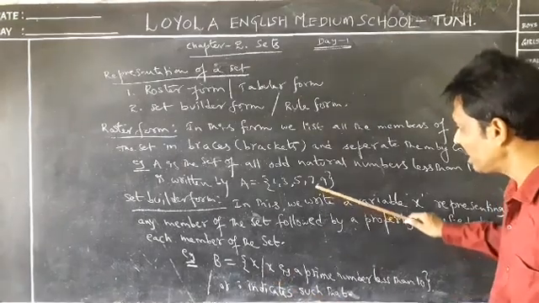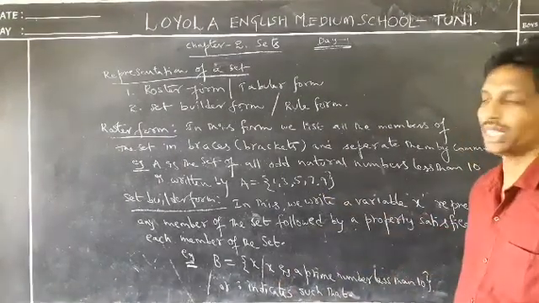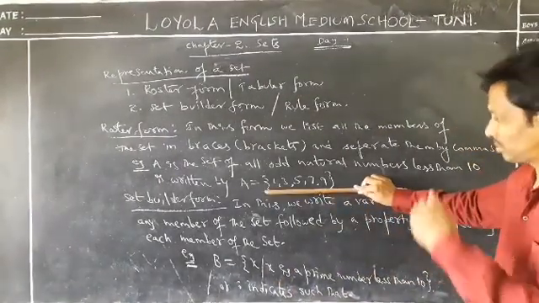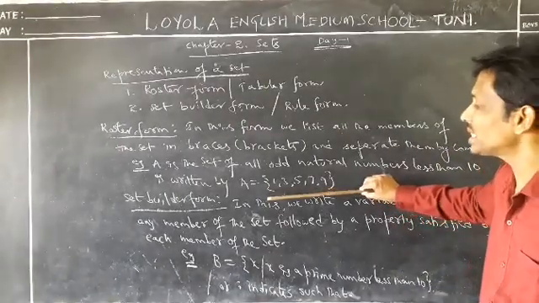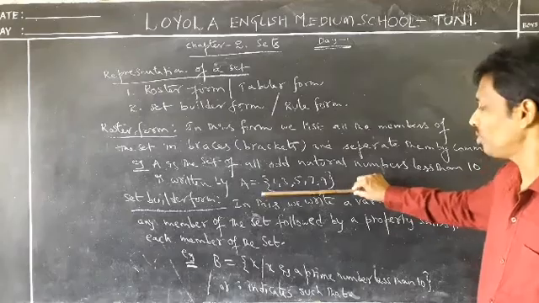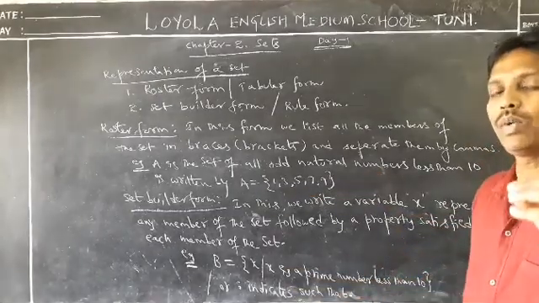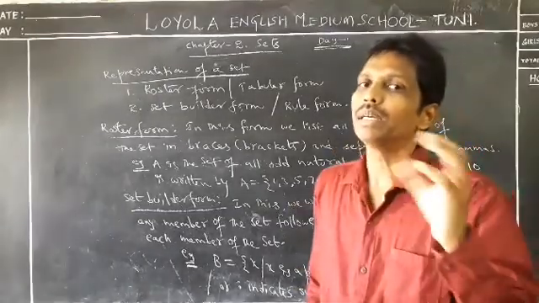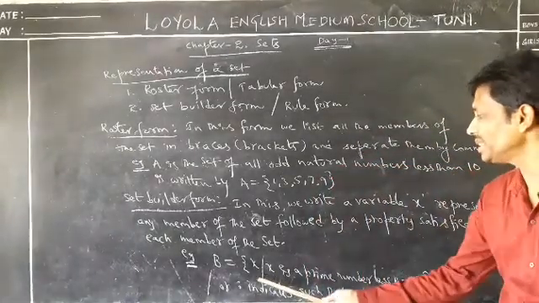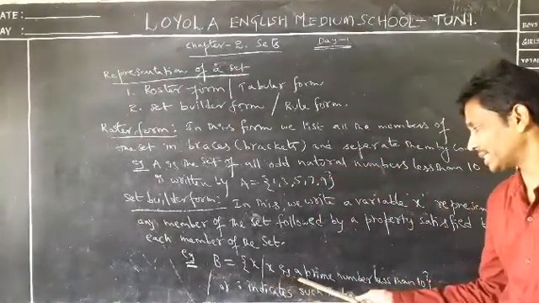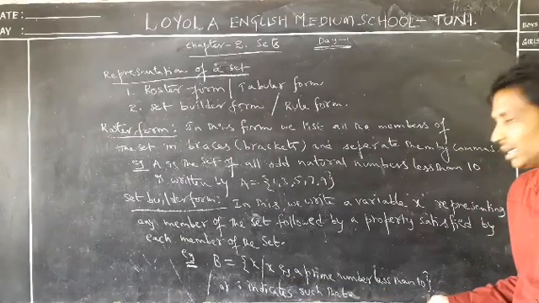So what is the variation between these two examples? Here we wrote the elements in a direct manner. Instead of writing in a direct manner, we would like to indicate the relation between the given elements in the set. So B is equal to x such that x is a prime number less than 10.